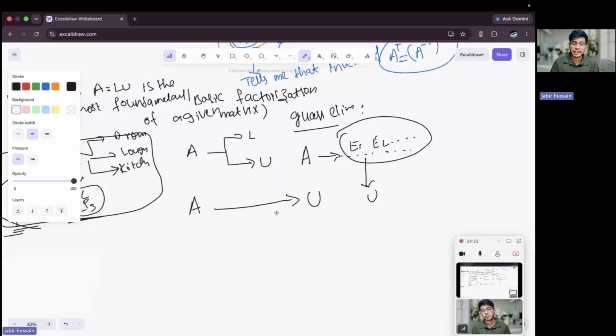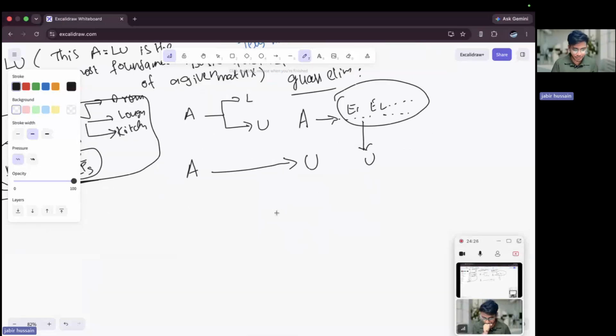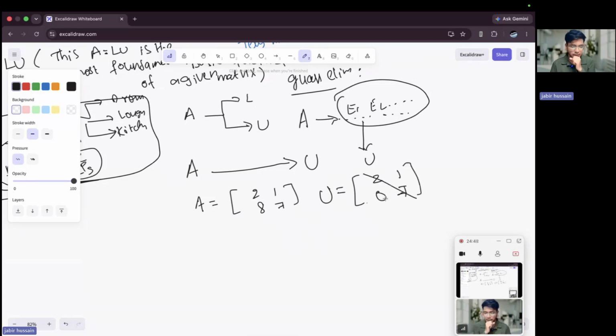Let's take a simple example: the matrix with rows 2, 8 and 1, 7. Now, what will be the U of this? The U would be 2, 8, 1, 7 with the element below the diagonal being 0.